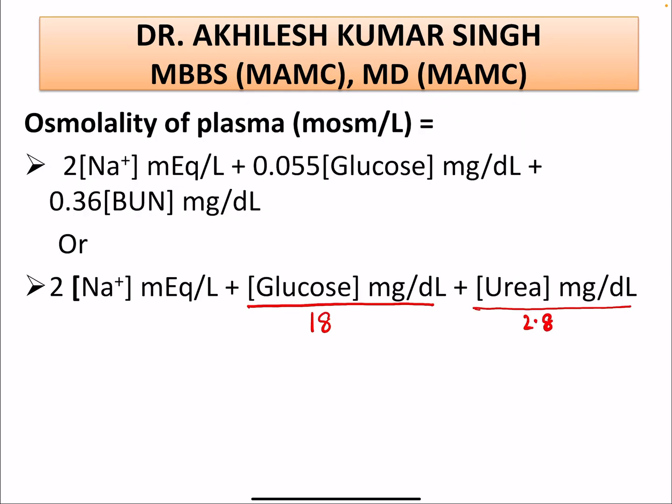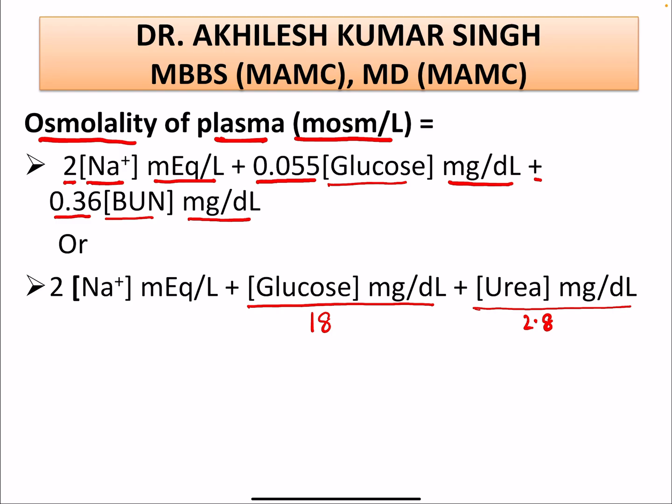So there is a formula for the osmolality of the plasma. The osmolality of the plasma in milliosmoles per liter is equal to twice the concentration of sodium in milliequivalent per liter plus 0.055 times the concentration of glucose in milligram per deciliter plus 0.36 times the concentration of blood urea nitrogen in milligram per deciliter.